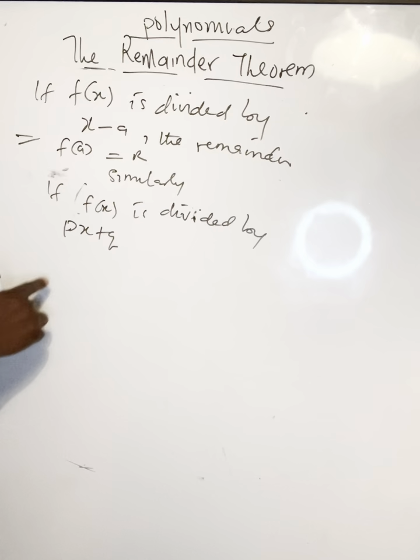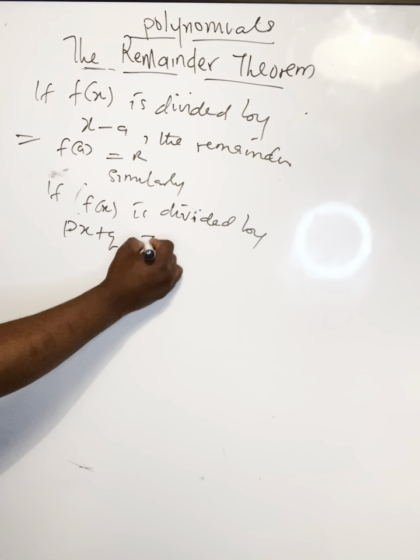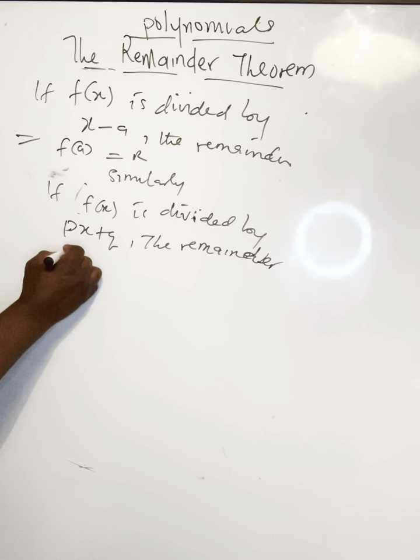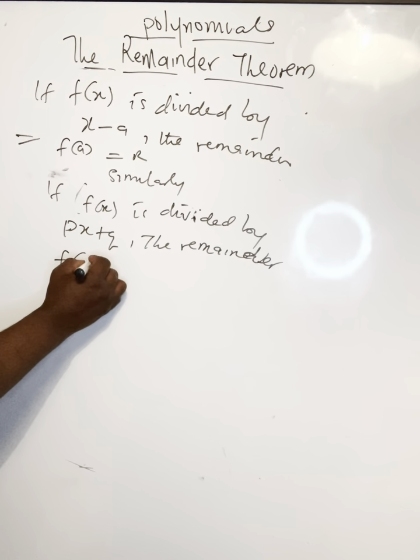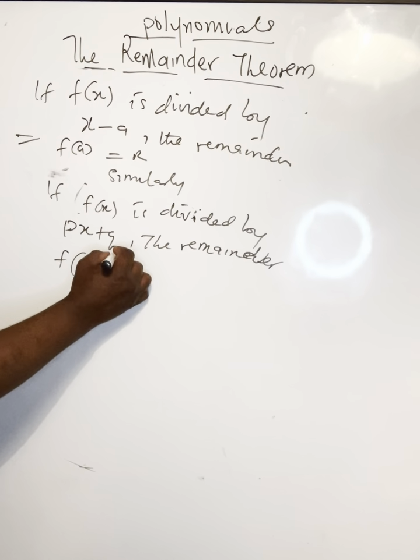The remainder is going to be function of minus q over p.